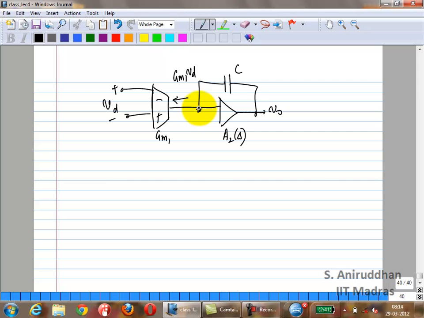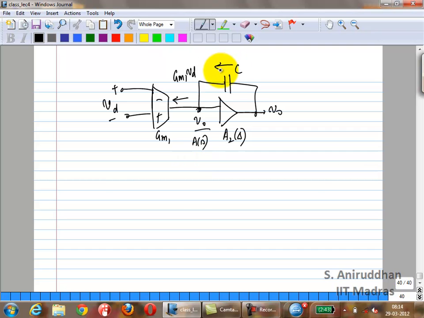It should just be VO over A of S. Is that right? You have the amplifier. It has a gain A of S. Output voltage is VO. Input voltage has to be VO over A of S. Is that right?